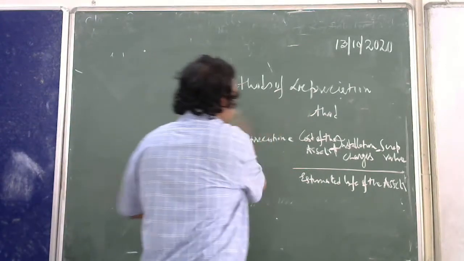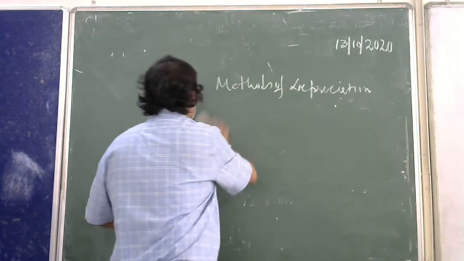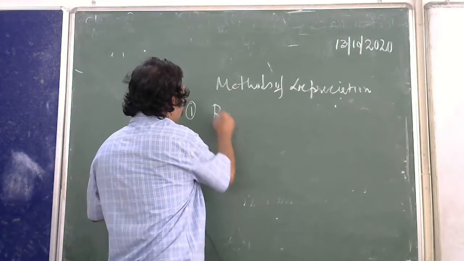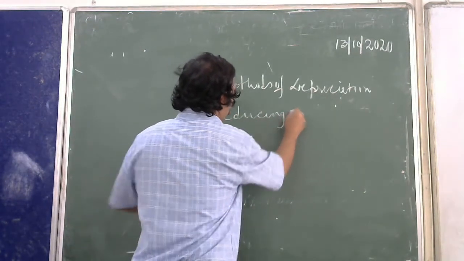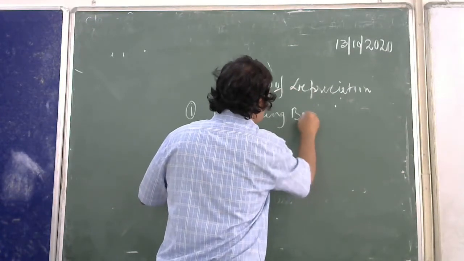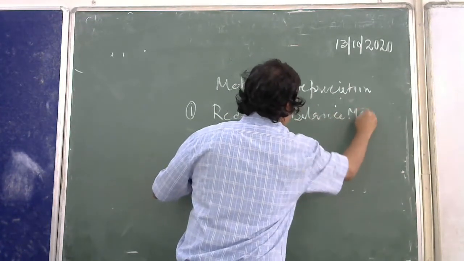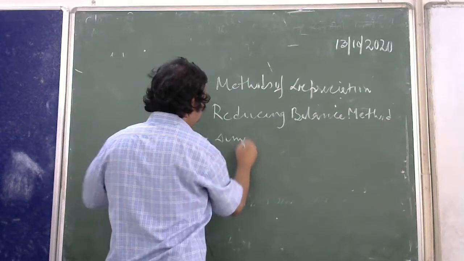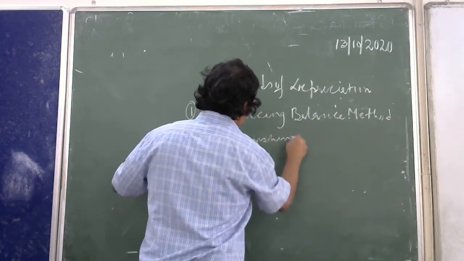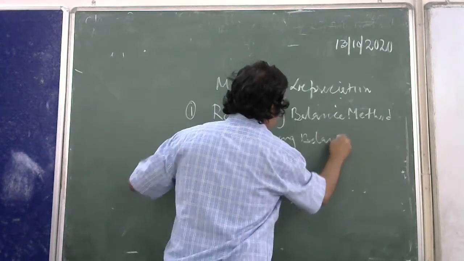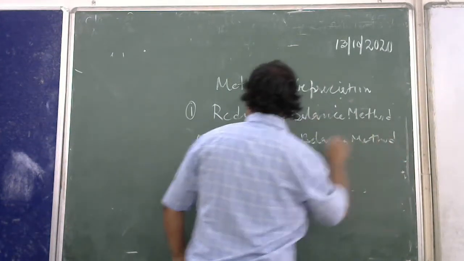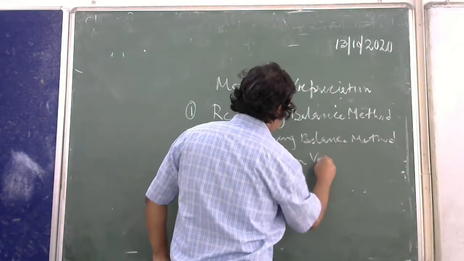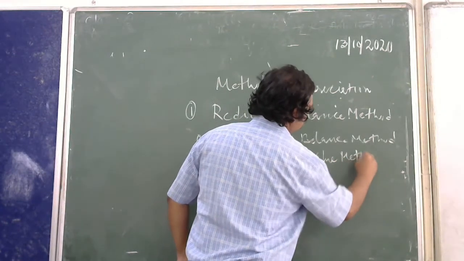What is the other method we have? The second method is the reducing balance method, or diminishing balance method, or written down value method.